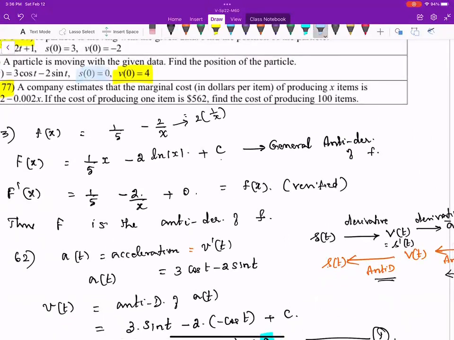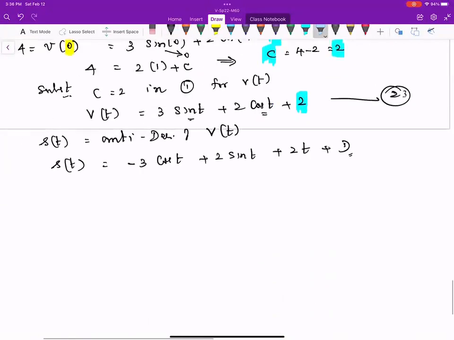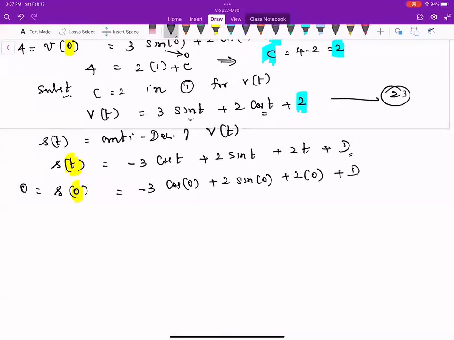So we use that 0 equal to S at 0. So that means you are substituting for t here, which is negative 3 cosine of 0 plus 2 sine 0 plus 2 times 0 plus d.